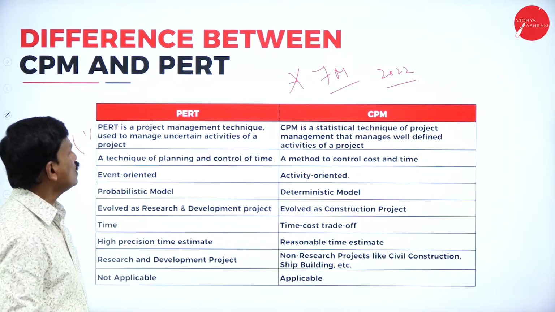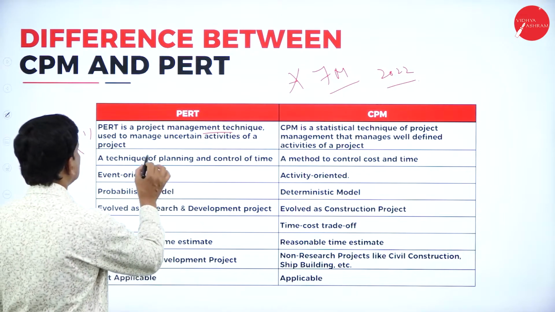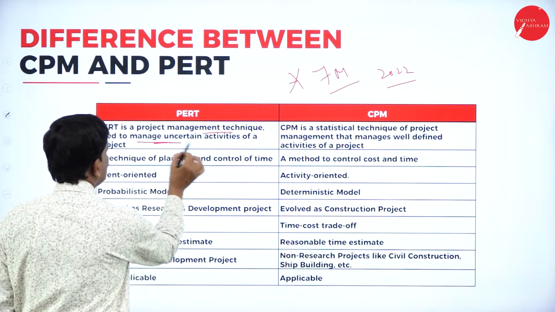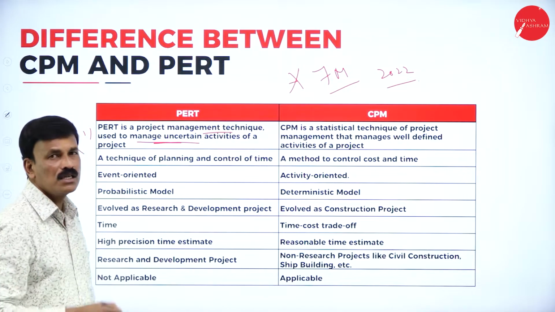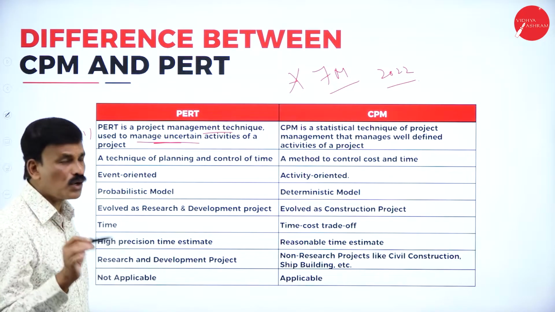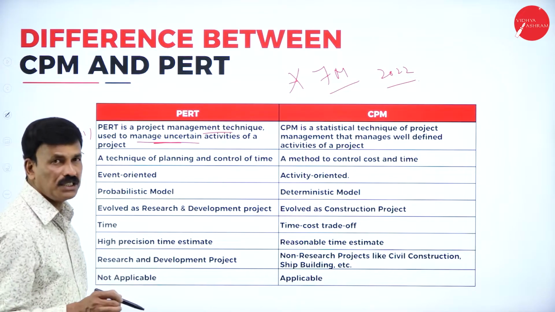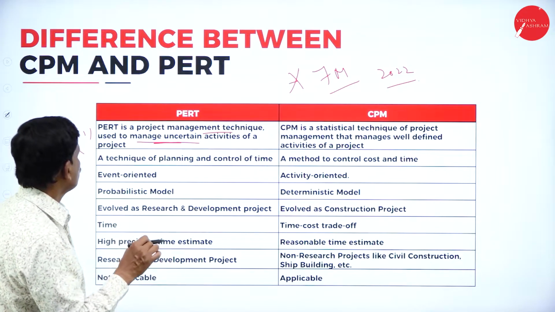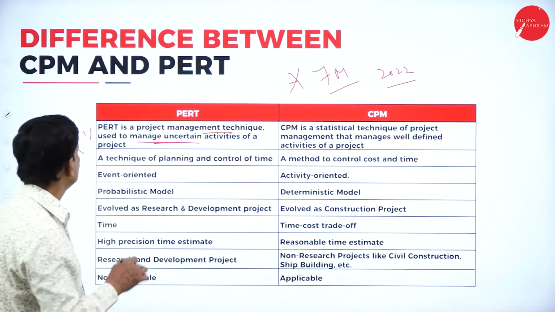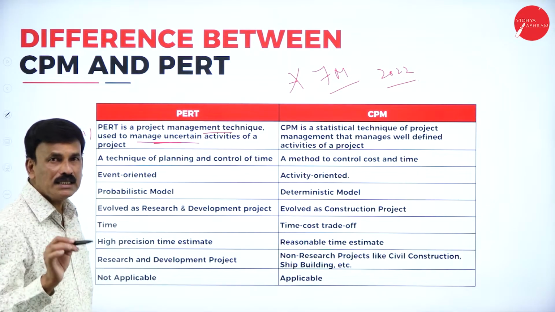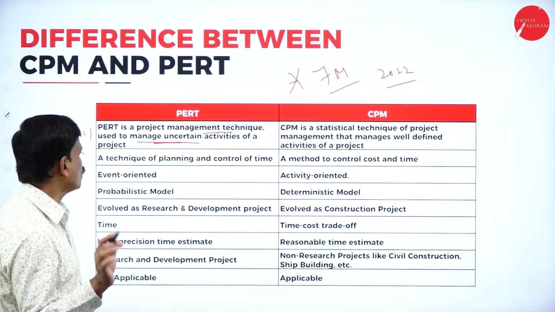What is the first one? PERT is a project management technique used to manage uncertain activities of a project.